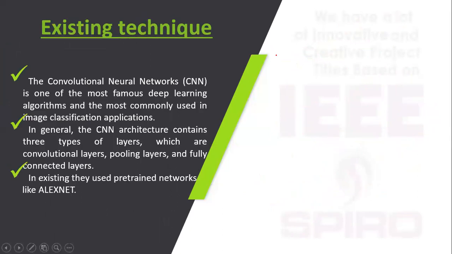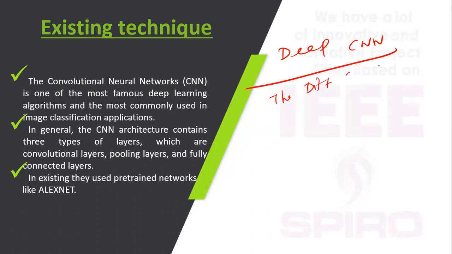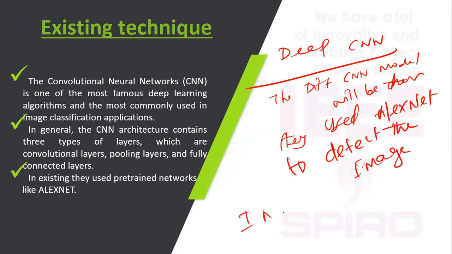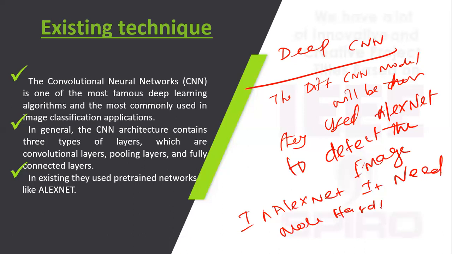In existing techniques, there is deep CNN, and in deep CNN there are different CNN models. They used AlexNet to detect the image. AlexNet needs more hardware support to analyze the diseases.